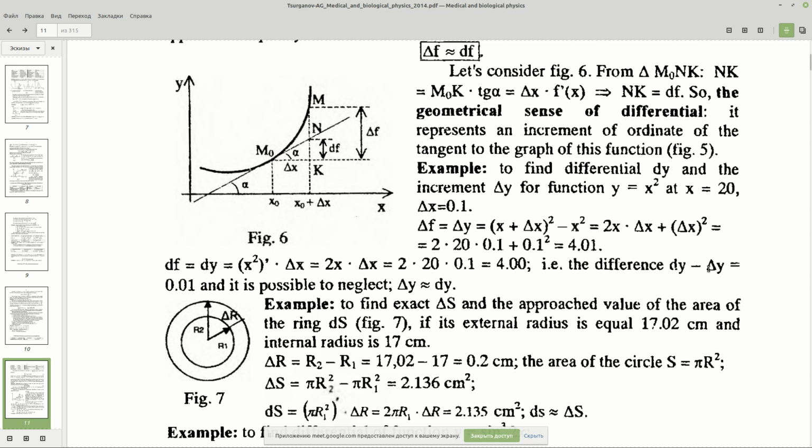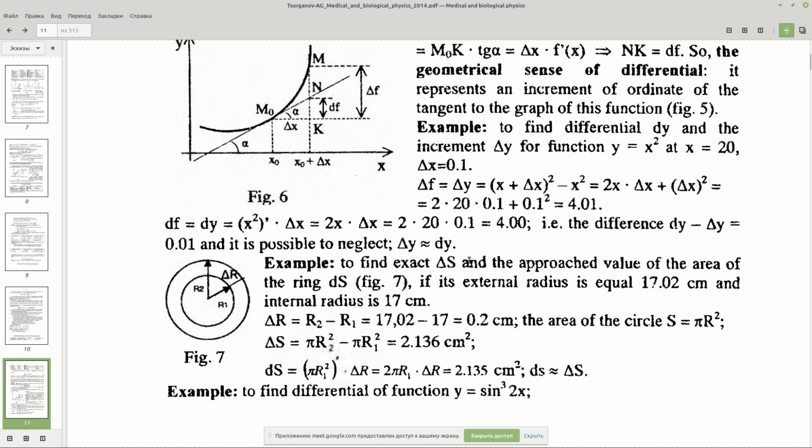Example: find the exact delta S and the approximate value of the area of the ring, dS, in figure 7. The external radius is 17.02 centimeters, and the internal radius is 17 centimeters.